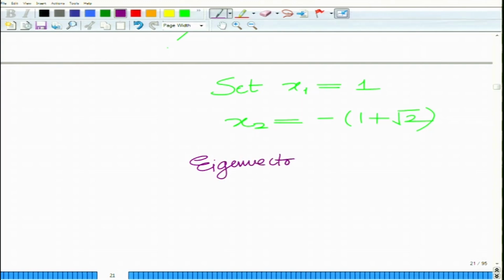and therefore the eigenvector x bar equals 1, minus 1 minus root 2.